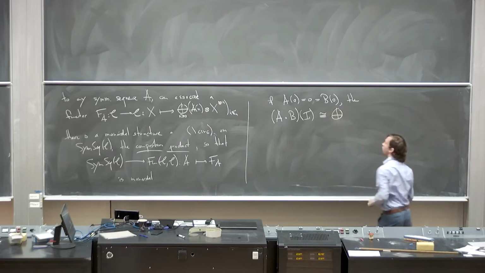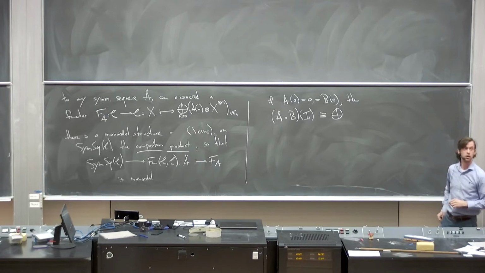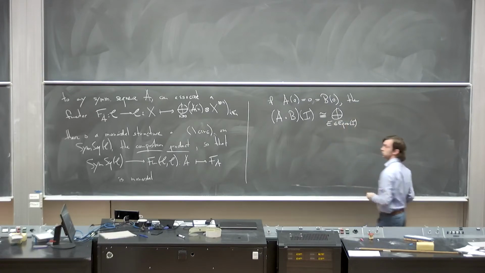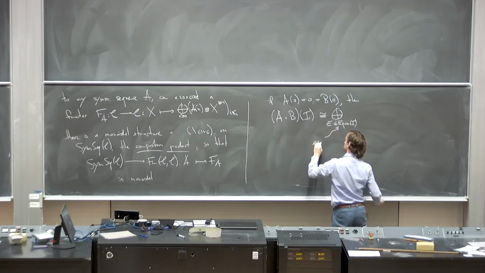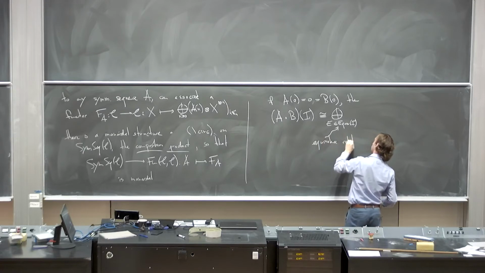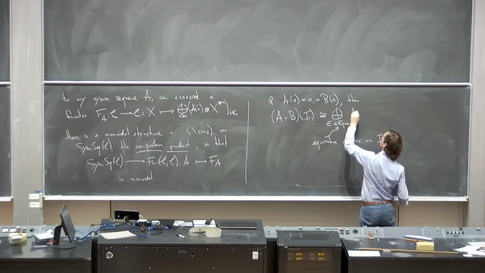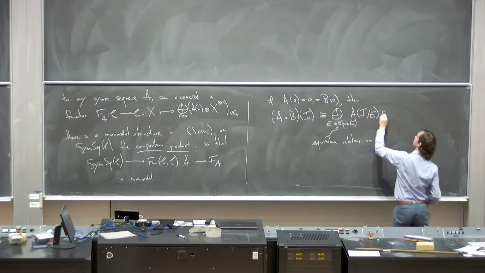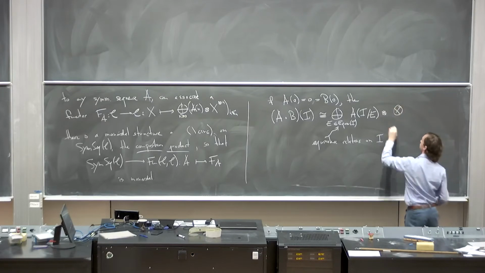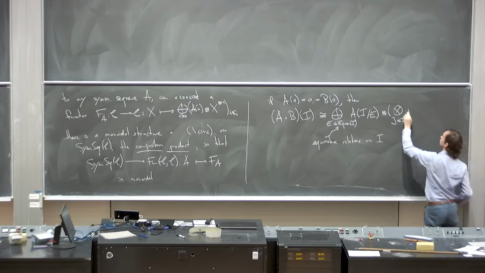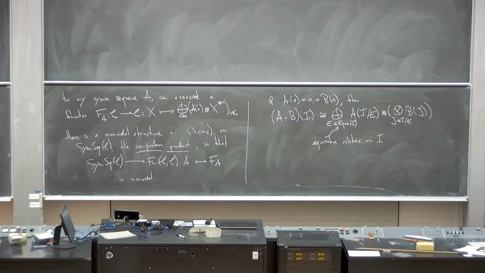You take a direct sum over equivalence relations E on the set I. Then you take A of I modulo this equivalence relation, and tensor with a tensor product over all of the equivalence classes J of B of J. At least this gives a formula for the composition product of two symmetric sequences, and you can check that it corresponds to what I claim down here.